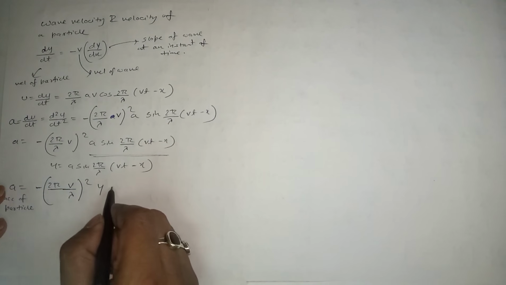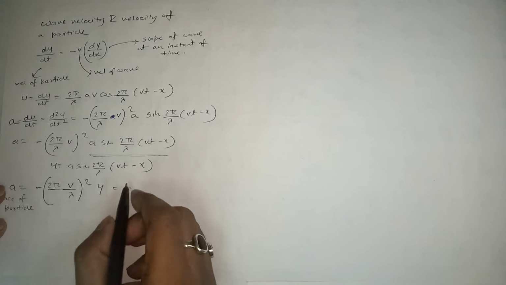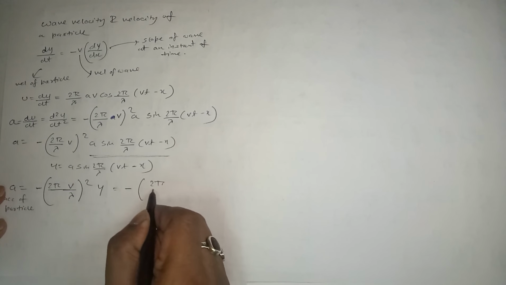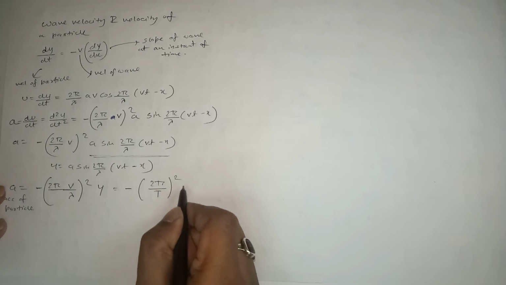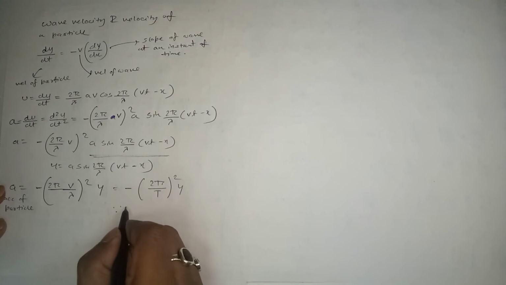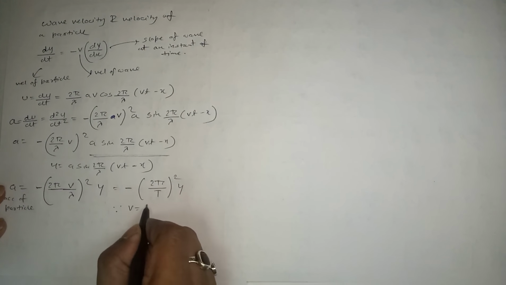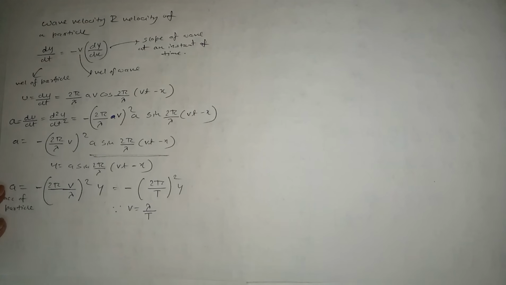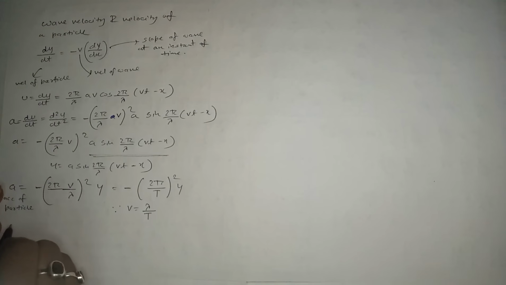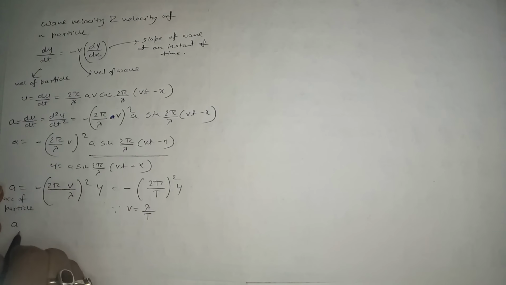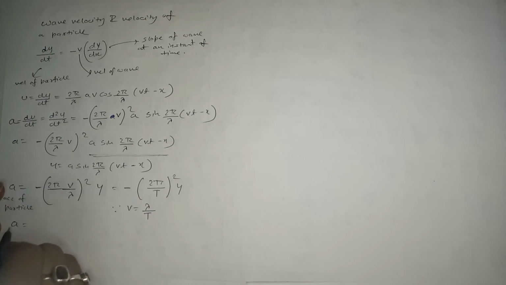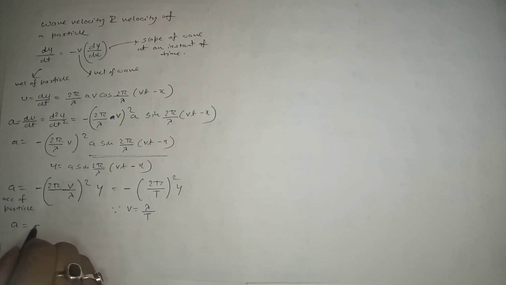Now v upon lambda is equal to 1 by T, since v is equal to lambda by T, so this is minus 2 pi by time period whole square y. So we can rewrite this as acceleration of particle a is equal to minus omega square y.